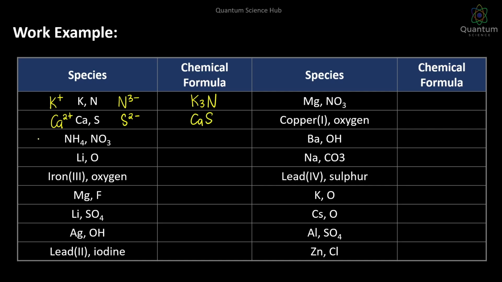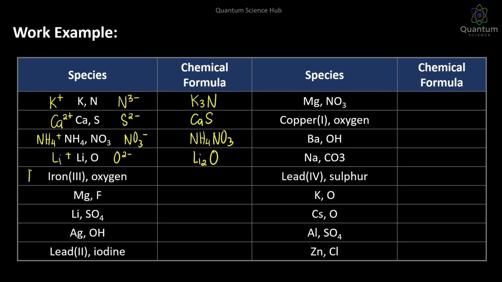Next, NH4 is positive 1, right? While NO3 is negative 1, nitrate. So it will become NH4NO3. Lithium is positive, while oxygen is 2 minus. So it will become Li2O. Iron 3.